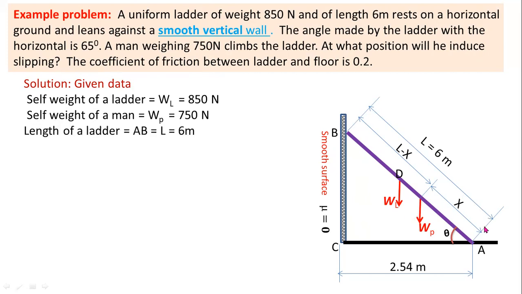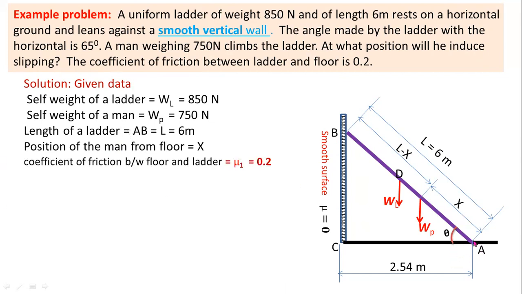Length of the ladder AB equal to 6 meters, and the position of the person or man from the floor, from point A along the ladder, is X, and the coefficient of friction between the floor and ladder mu1 equal to 0.2.